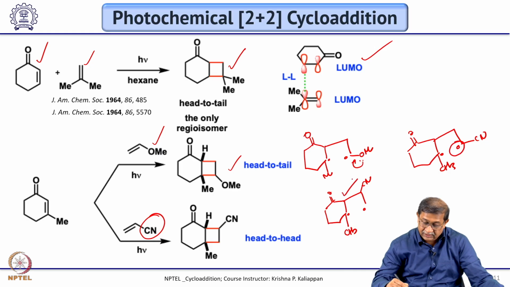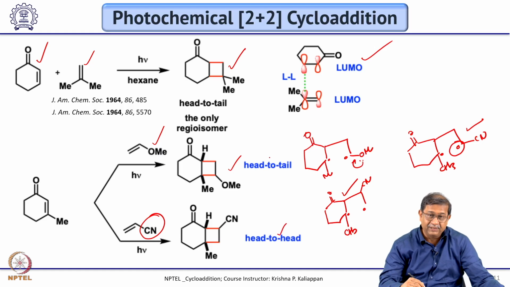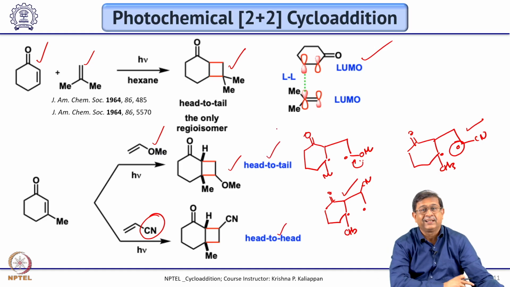So, obviously, this is more stable than this. That is why in the case of electron withdrawing groups attached to one of the alkenes, head to head is the favored product, in the other case it is head to tail.